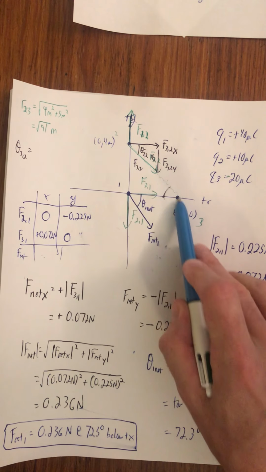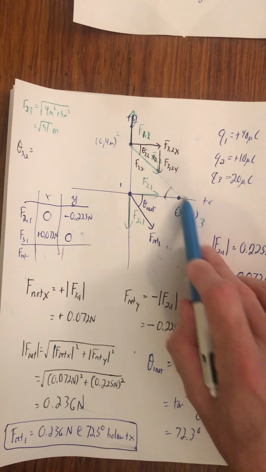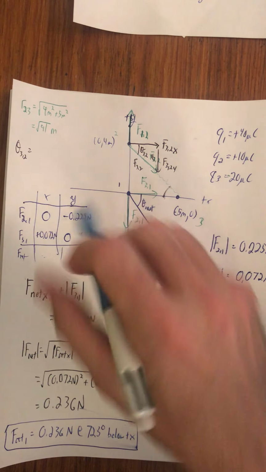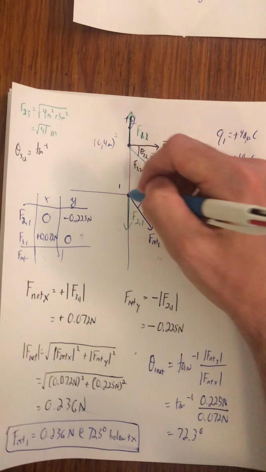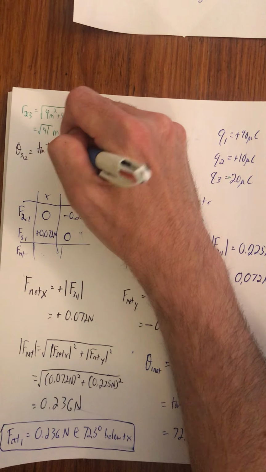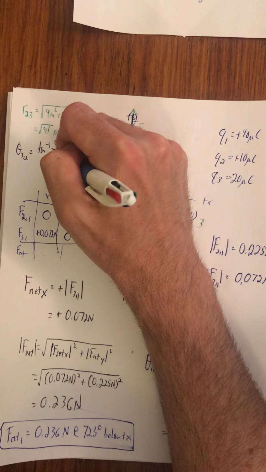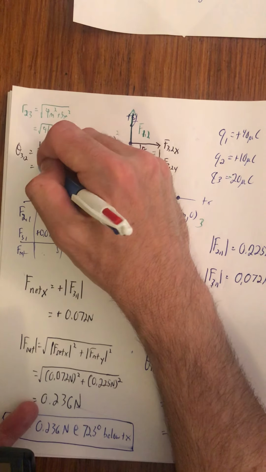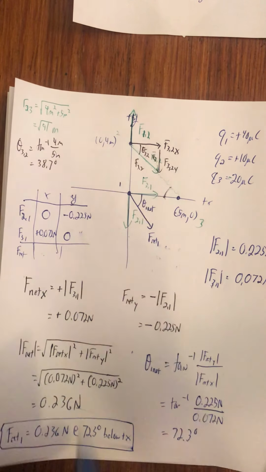Notice I've got a right triangle here, and so I can use this right triangle now in order to find out what that angle is. And it looks like I can do the arctangent of that distance there, which is 4 meters over that distance, 5 meters. And so the angle that 3 on 2 makes with the horizontal is then the arctangent of 0.8, which is equal to 38.7 degrees.